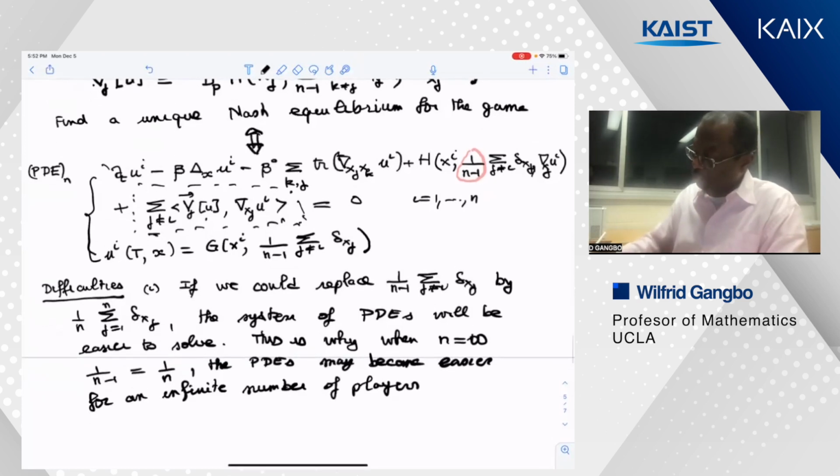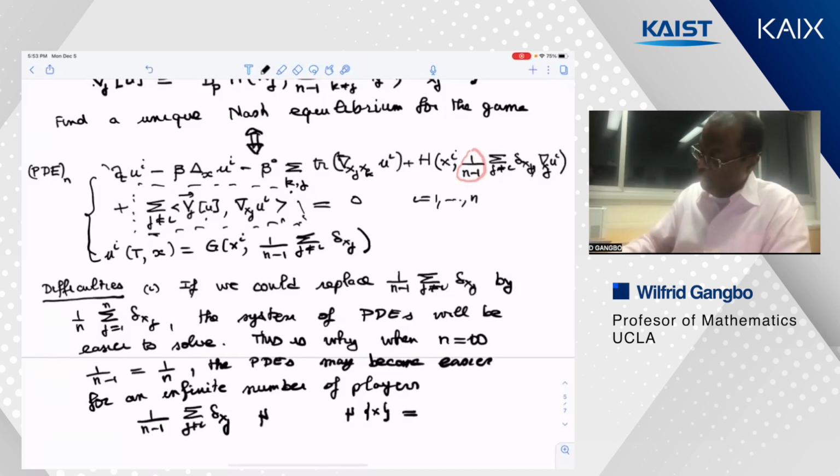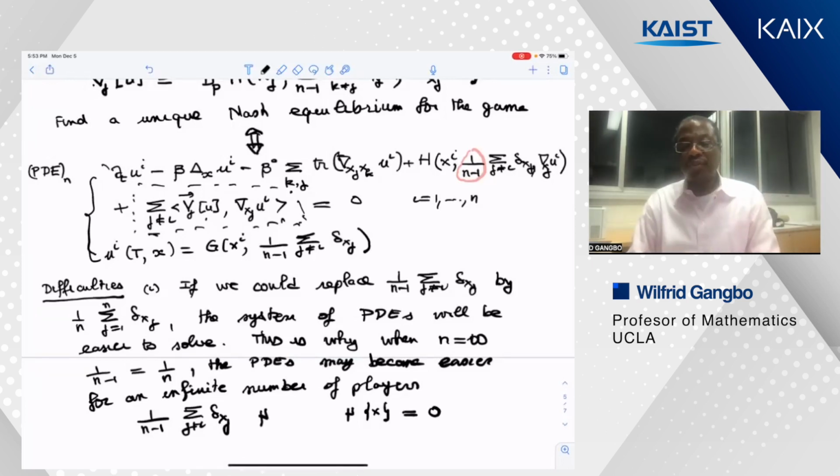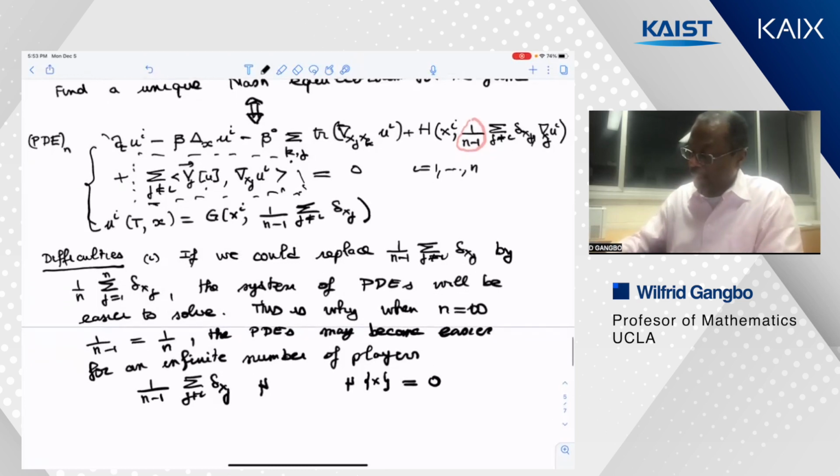So I am going to replace 1 over n minus 1, the sum over j not i, delta S_j, by a measure mu. And I am going to impose that this measure mu, if you apply it to a set with a single element, you get 0, which means the measure mu has no atom. This is what makes it easier to solve a non-atomic game than solving a general game.